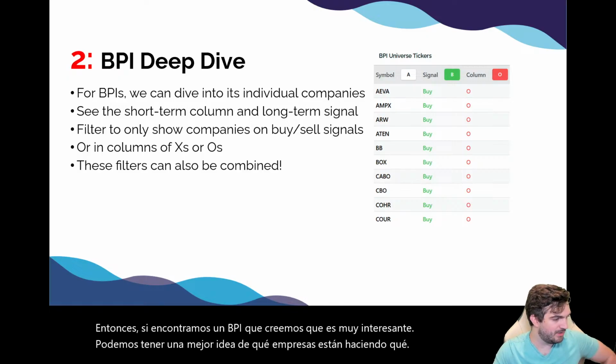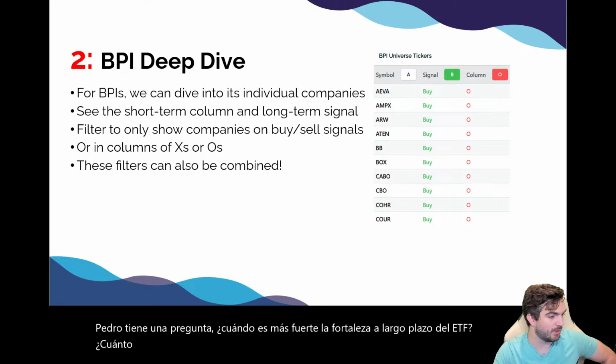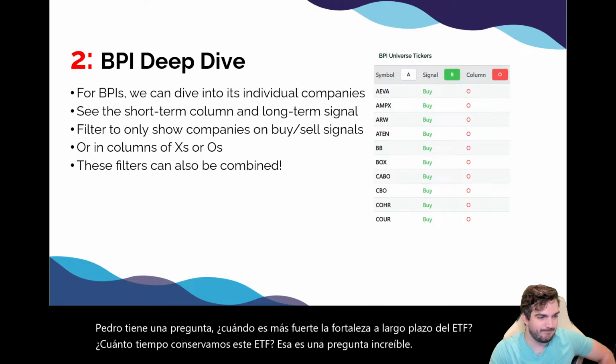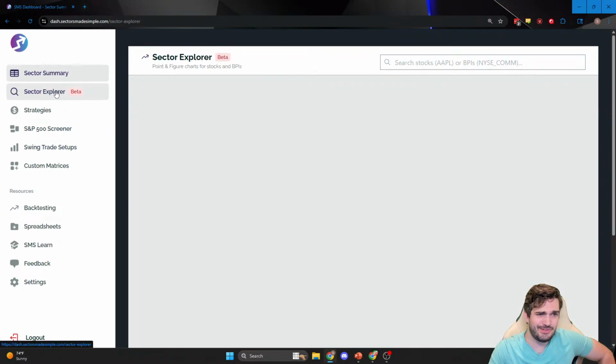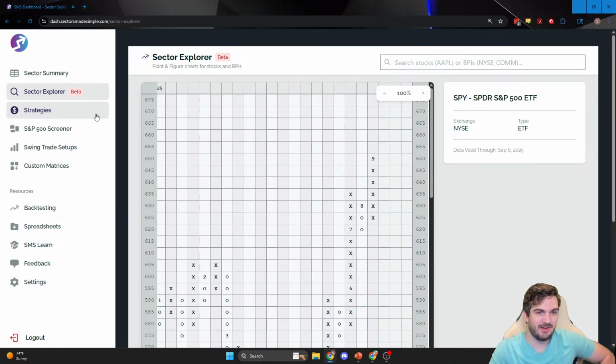Pedro has a question. When is the long-term strength for the ETF strongest? How long do we keep this ETF for? That's an amazing question. So actually, let's just go to the Sector Explorer tool and find that out for ourselves.